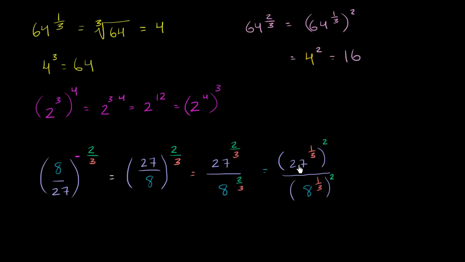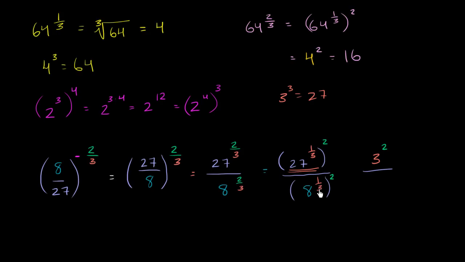So what's this going to be? Well, 27 to the 1/3 power is the cube root of 27. It's some number that, times that same number, times that same number, is going to be equal to 27. It might jump out at you already that 3 to the 3rd is equal to 27, or that 27 to the 1/3 is equal to 3. So in the numerator, we're going to end up with 3 squared. And in the denominator, what's 8 to the 1/3 power?